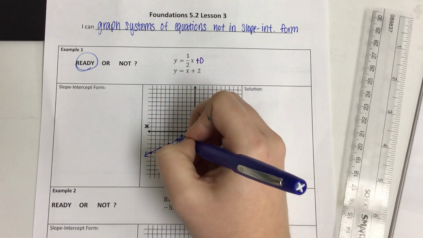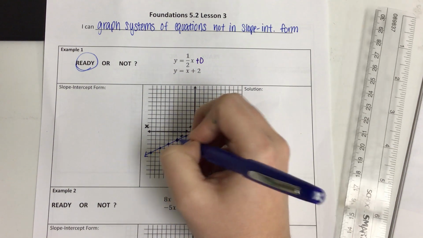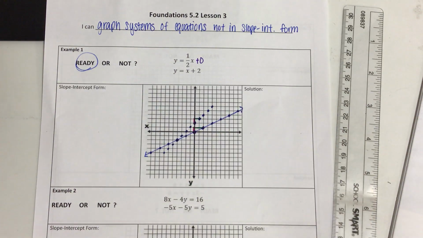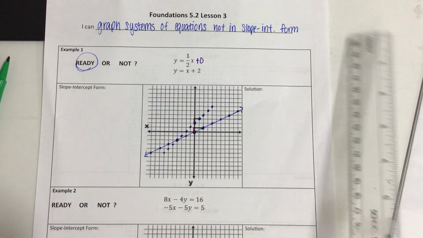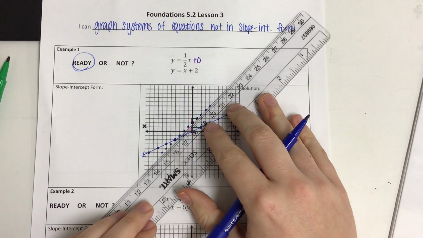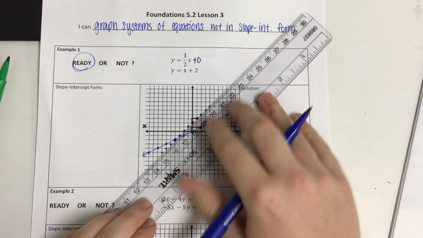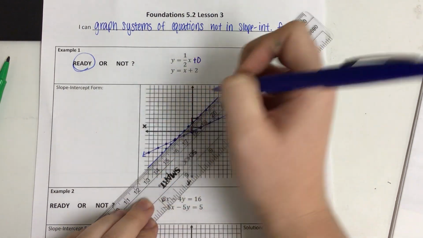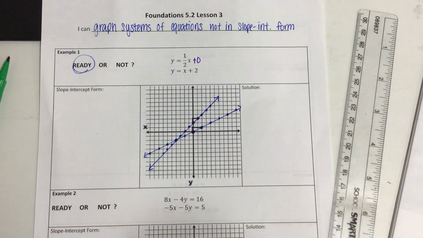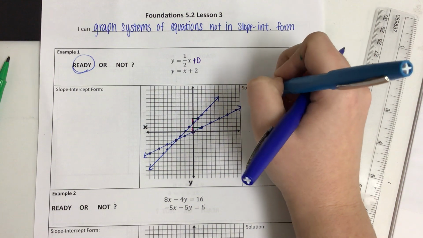This is our point right here where they actually intersect. So be extremely careful with those points. So we're going to go ahead and connect these. And our point of intersection is going to be -4, -2.